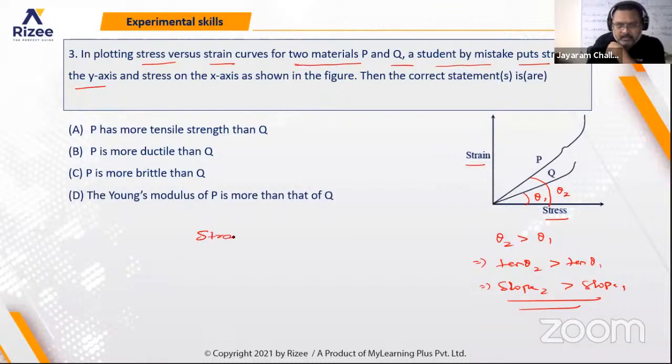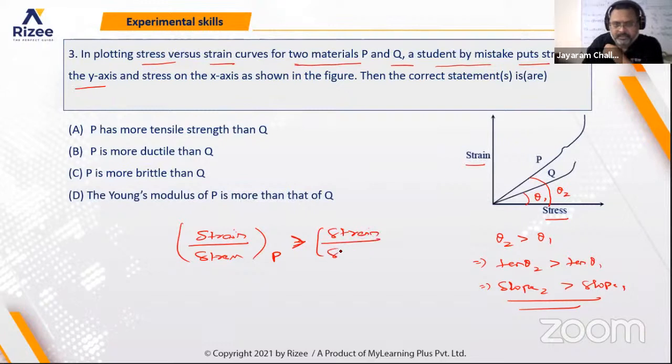Strain by stress of P is greater than strain by stress of Q. So from the given question, you can say that P has more tensile stress than Q.